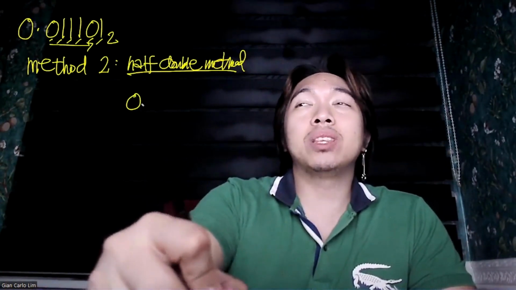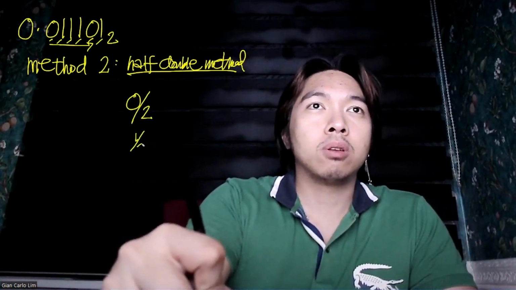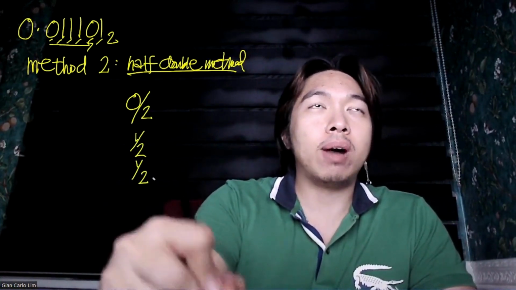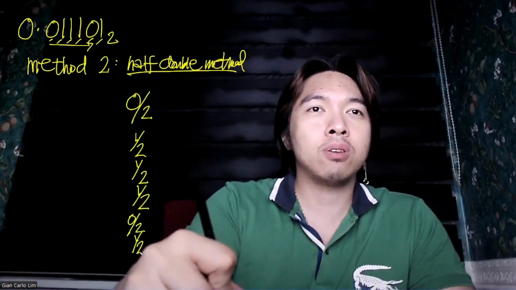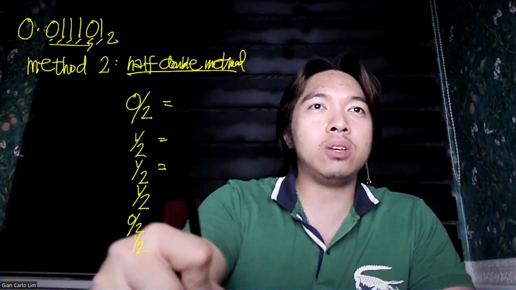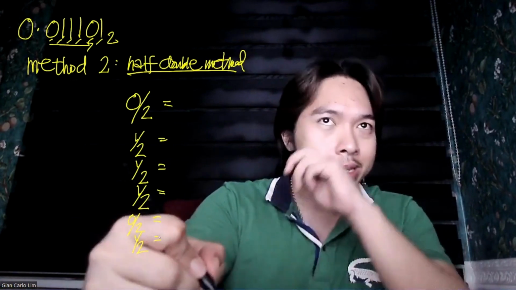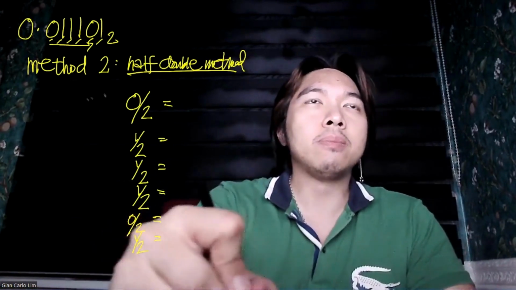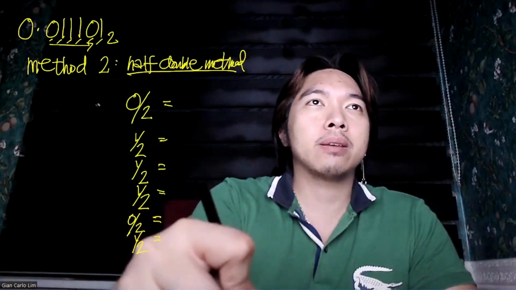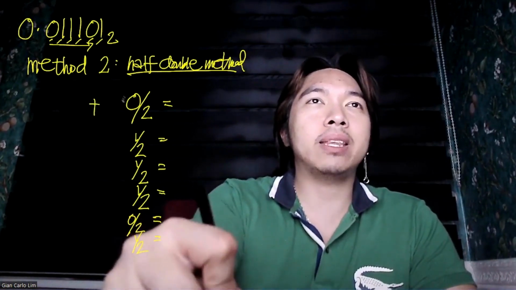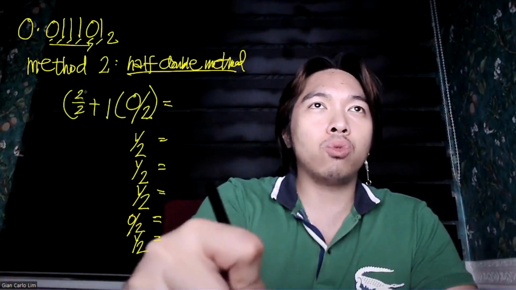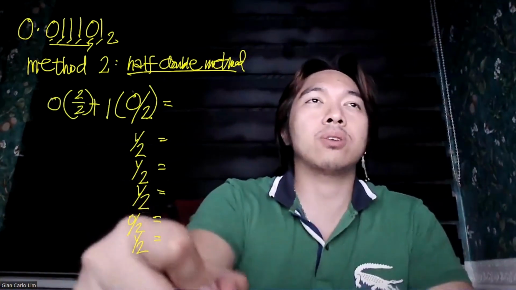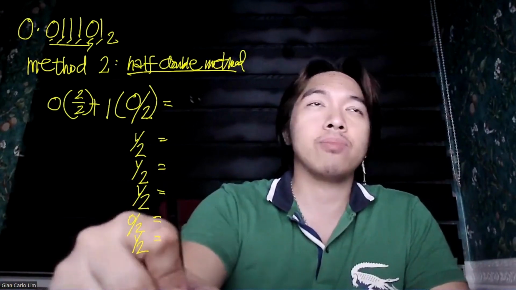Pero this time, we will divide everything by 2. 1/2, 1/2, 1/2, 0/2, 1/2. And then, plus, so by default, quantity mo to ng 1, and then this will be 2/2, at itatimes mo siya sa 0. So ito yung default value.